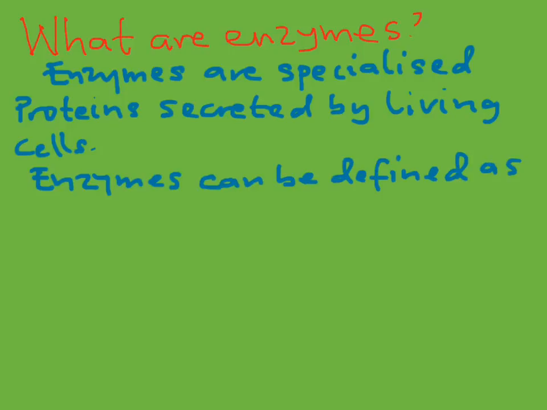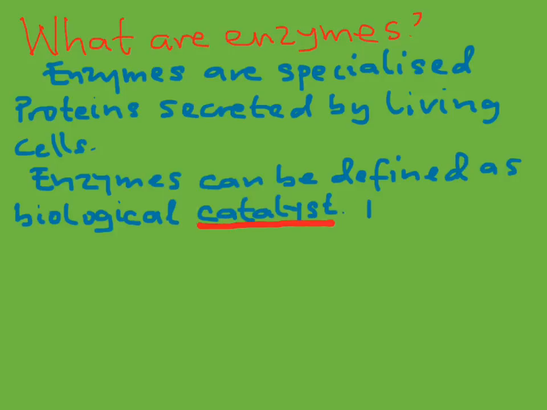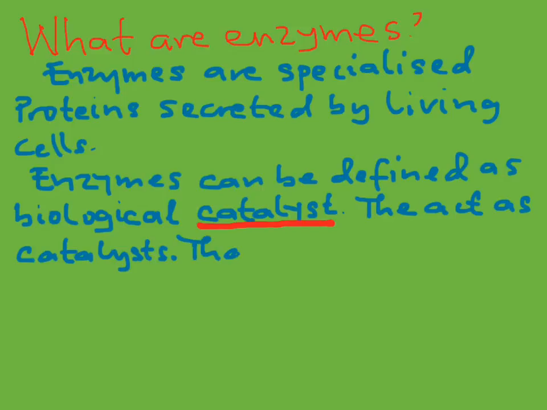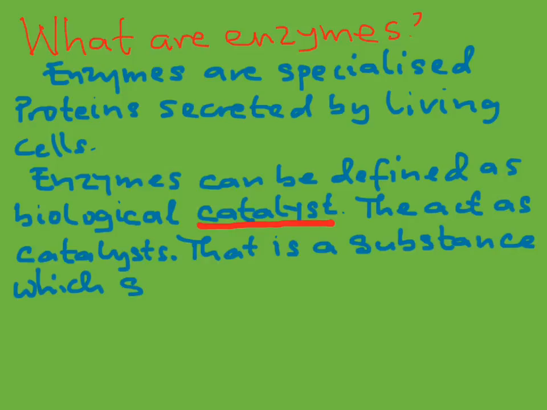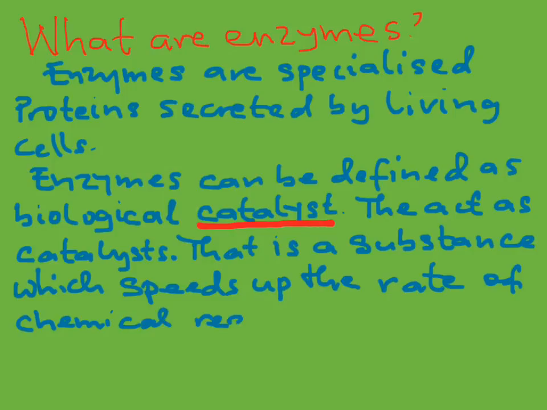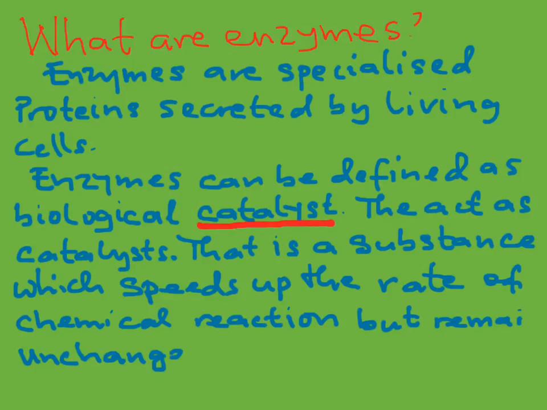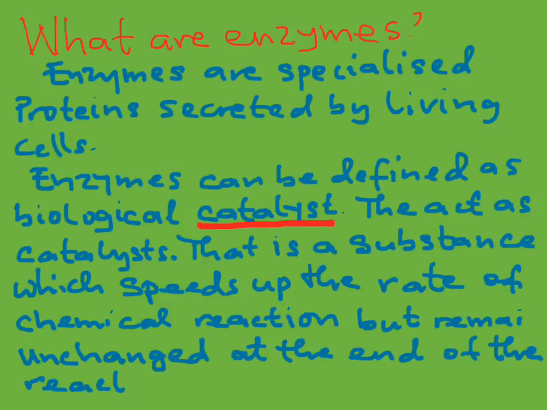Enzymes can be defined more precisely as biological catalysts. They act as catalysts. That is a substance which speeds up the rate of chemical reaction but remains unchanged at the end of the reaction.